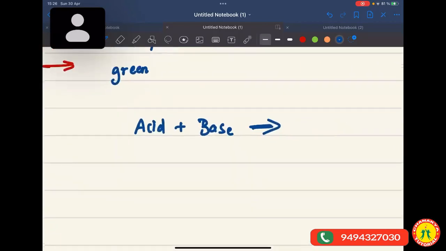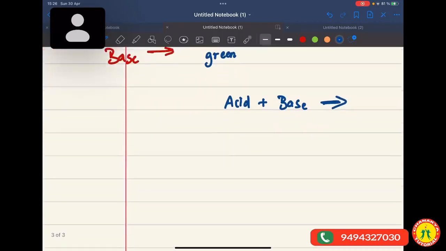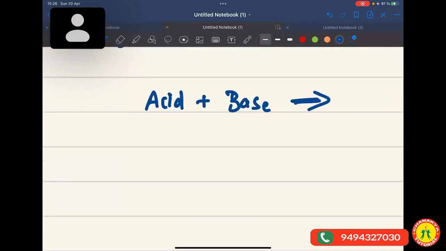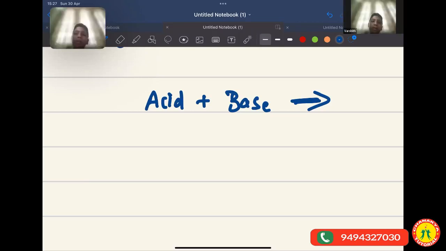I'm not asking the color. You call a solution as acidic, or you call a solution as basic. When both of them are mixed together, what will you call the solution? Acidic or basic? Ma'am, salt. Okay, Varshit is saying salt. What about the rest?